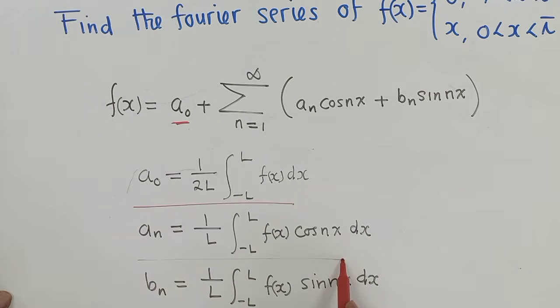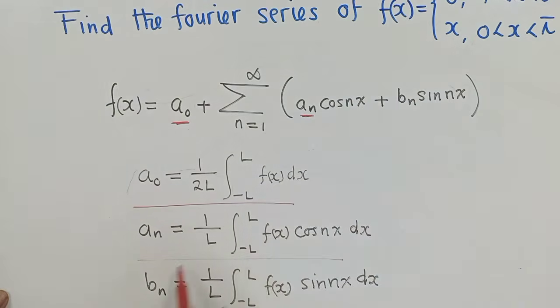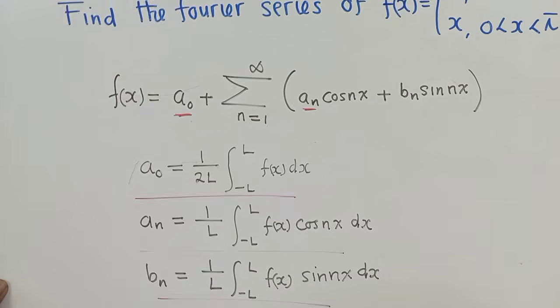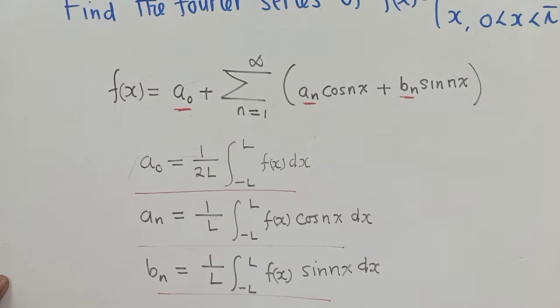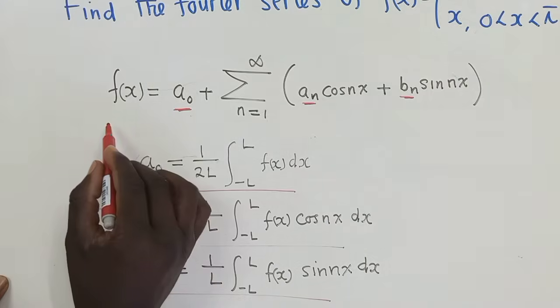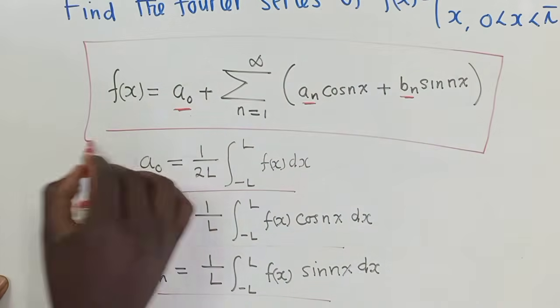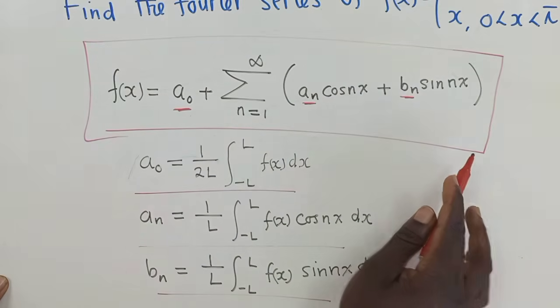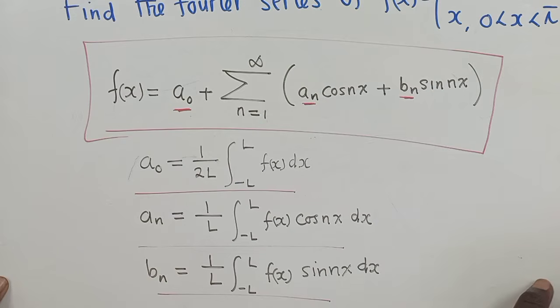The next formula will also help us find what we're supposed to put right here. The last one here will help us find what we're supposed to put here. And this bigger formula is the key formula that will help us find the sequence, the order of the sequence, the way it's supposed to be arranged.